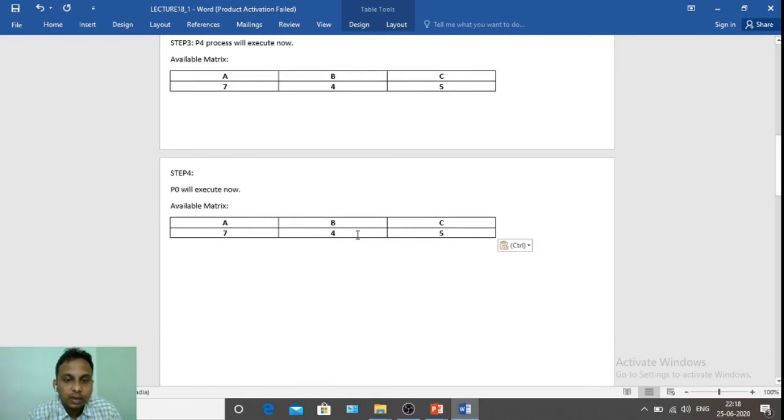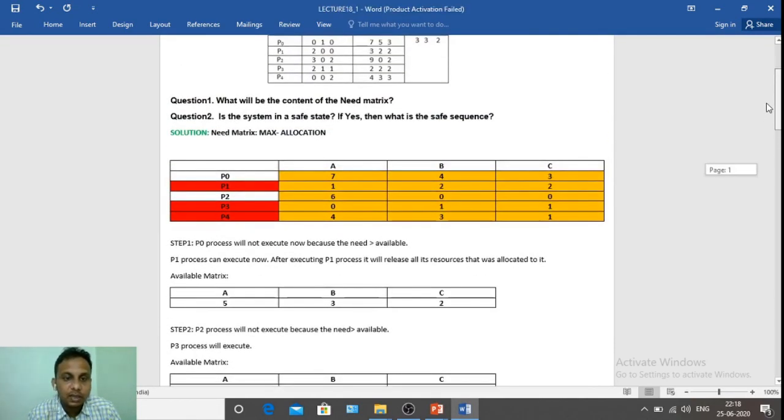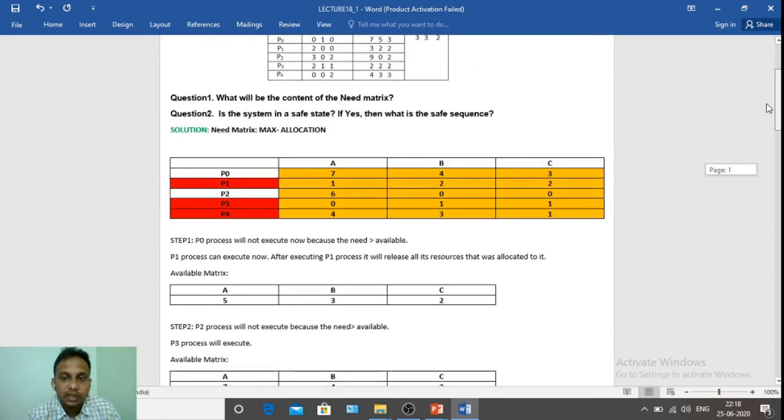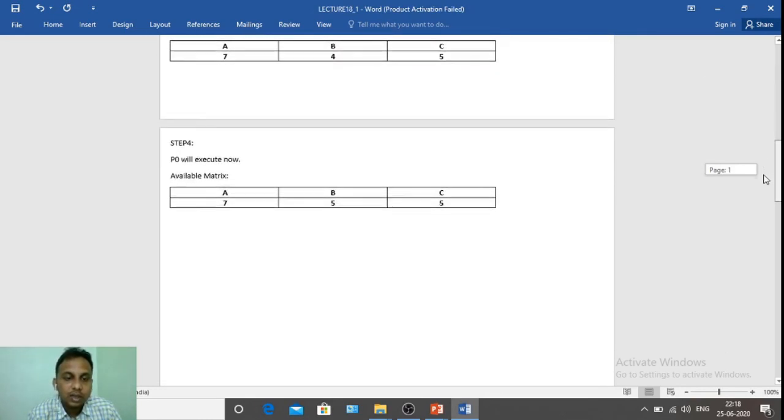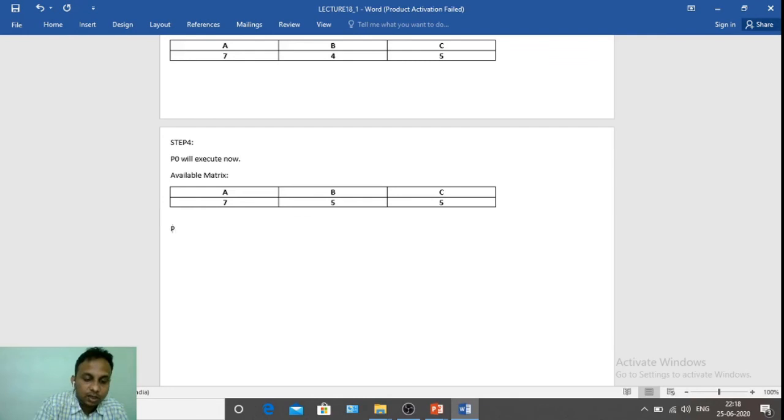So 7 5 5. This is the new available matrix. Next, the only remaining process is P2. P2 requires 600. So the P2 process will execute now. So all the processes are executed.